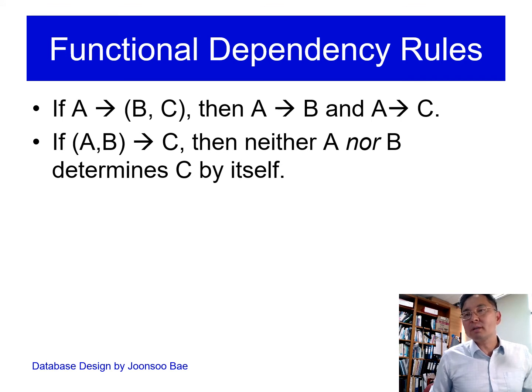So both A and B will determine C. That means that A alone cannot determine C, and B alone cannot determine C. Only when we know the A value and the B value can we determine the C value. That is the meaning of composite determinant. So we can see that the parenthesis location is very important. The right parenthesis and the left parenthesis mean different things.